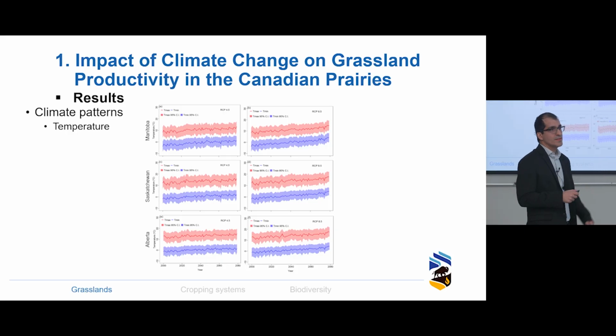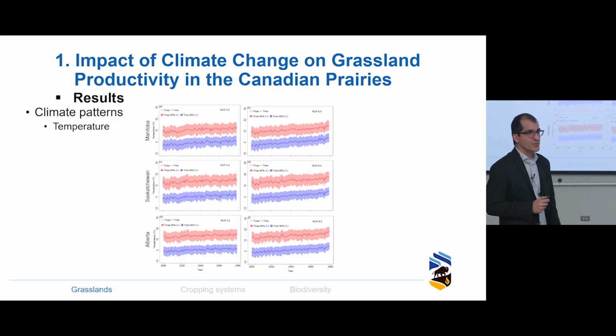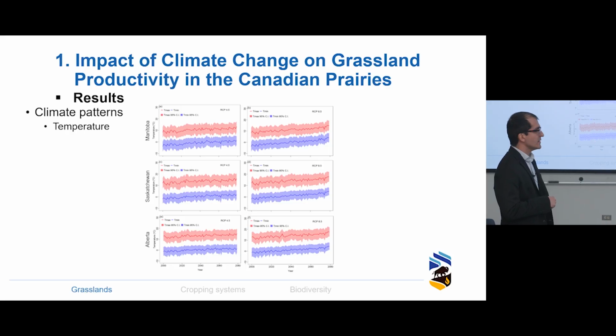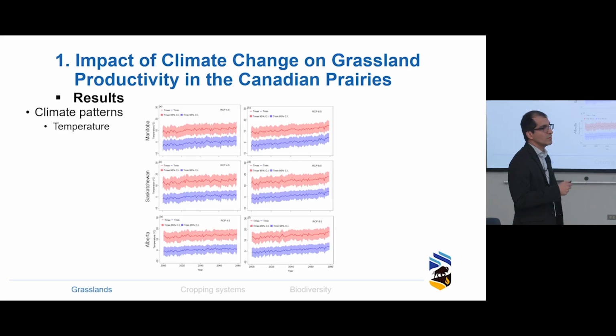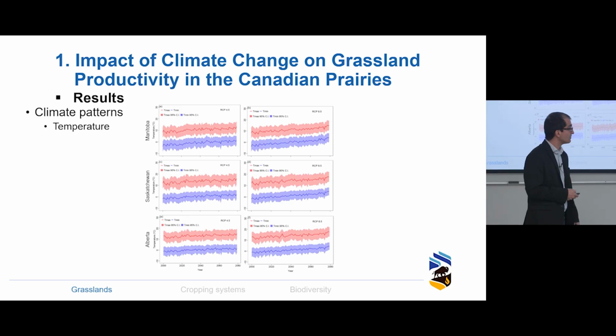RCP 8.5 is a more extreme emission factor. Therefore, you see a more steep increase in temperature there. So for the most part, you see an increase, except for Alberta here, where the trend analysis shows no significant trends. So for Alberta, even though it's increasing here in the near future, it's not significant, but just for the most part it is. And if you leave the stats aside for a second, there's still an increasing trend that's not significant there.